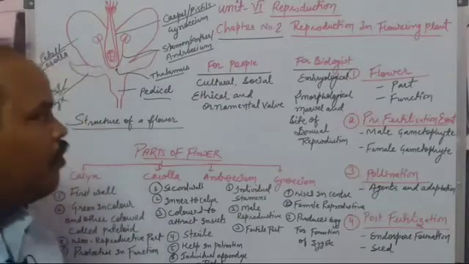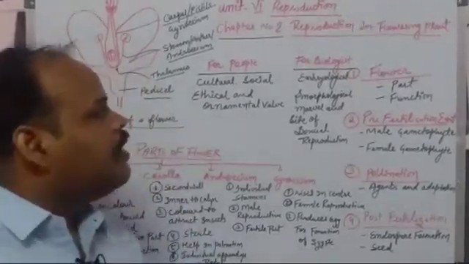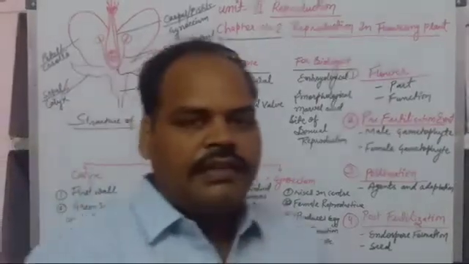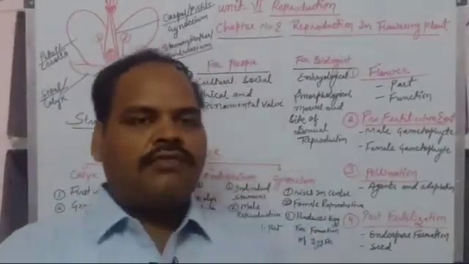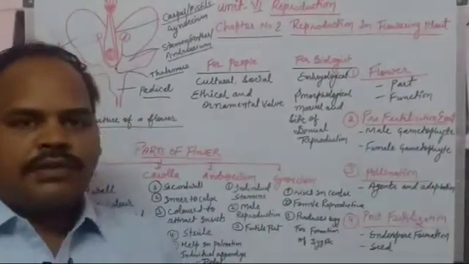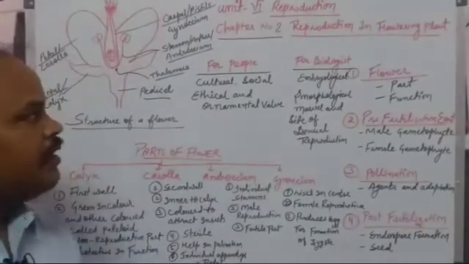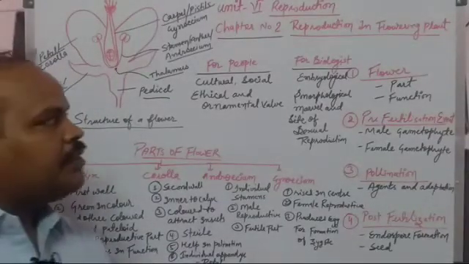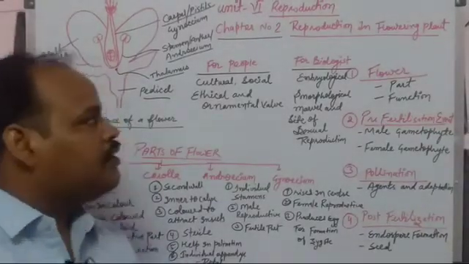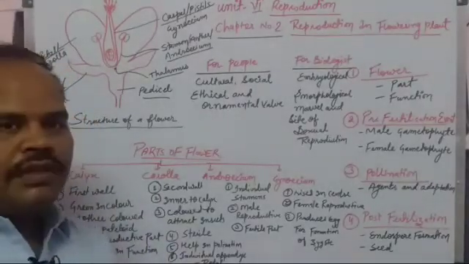Today we are starting chapter number 2, reproduction in flowering plants, which comes from your unit 6, reproduction. Today we are starting the revised syllabus pattern, the first chapter, chapter number 2, reproduction in flowering plants.